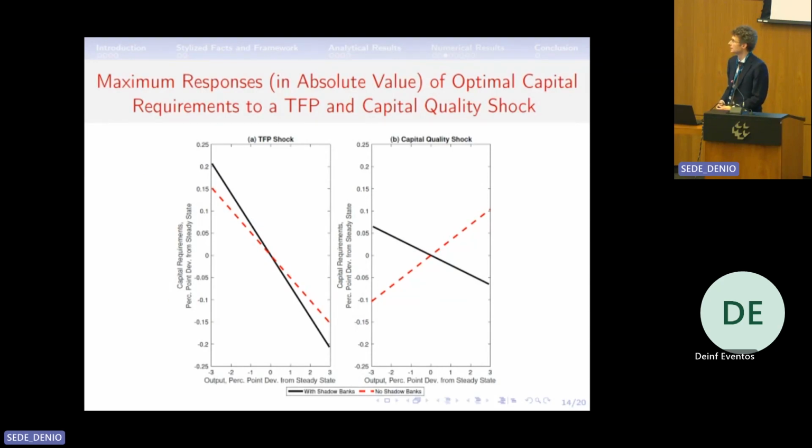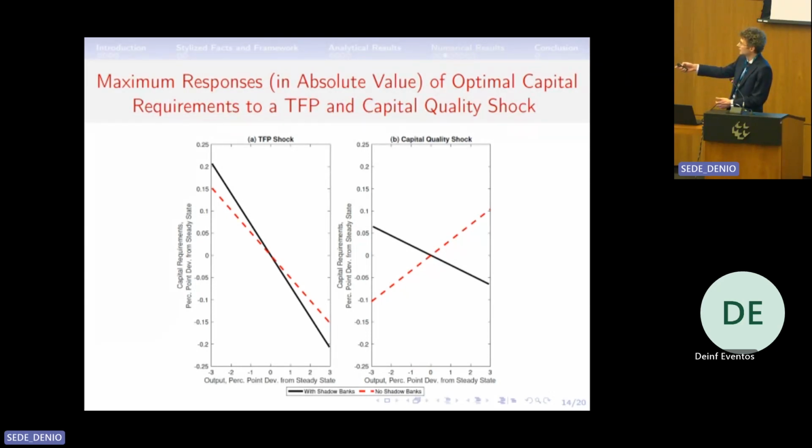So this is a summary of the response to two types of shocks, a TFP shock and a capital quality shock. You see that the solid black line is steeper, meaning that there is in fact a magnification of the response of optimal capital requirements to a TFP shock.